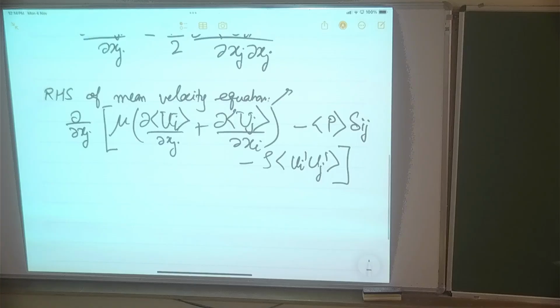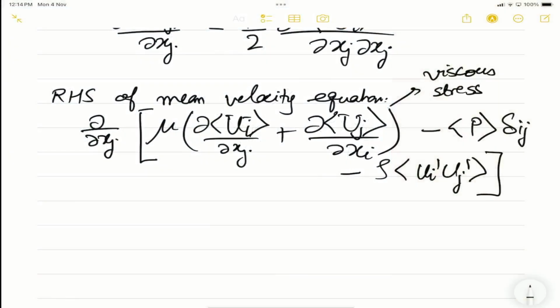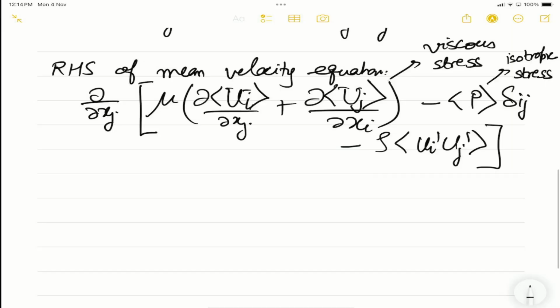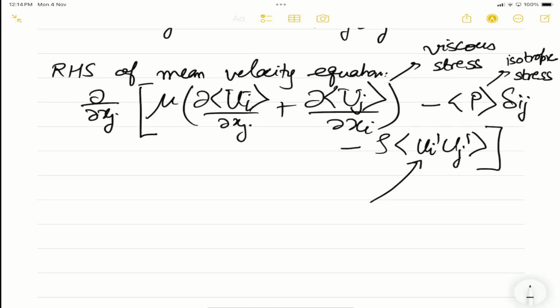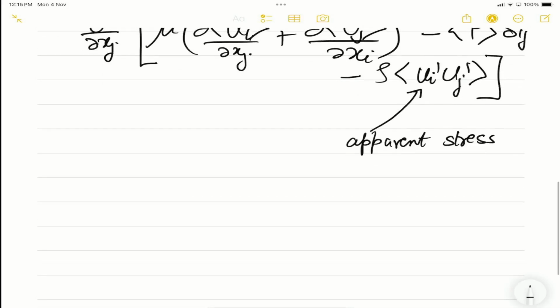This is the viscous stress term, and this one is the pressure or the isotropic stress, and this term which comes because of averaging of the equation, this is what we call the apparent stress, and there are different names we have given to this. Reynolds stress, this is what we have.